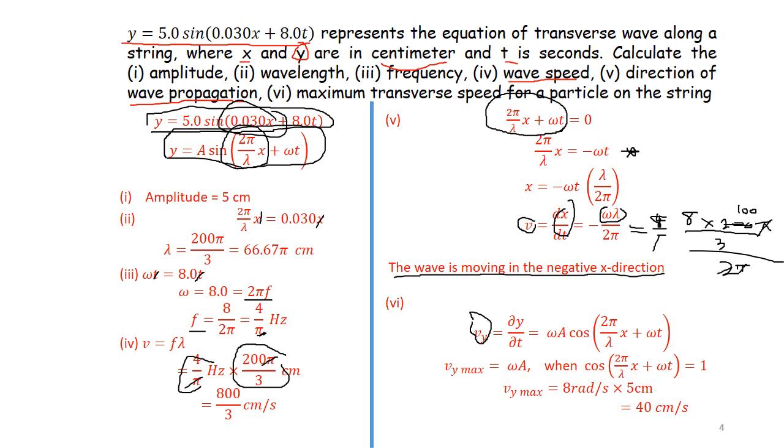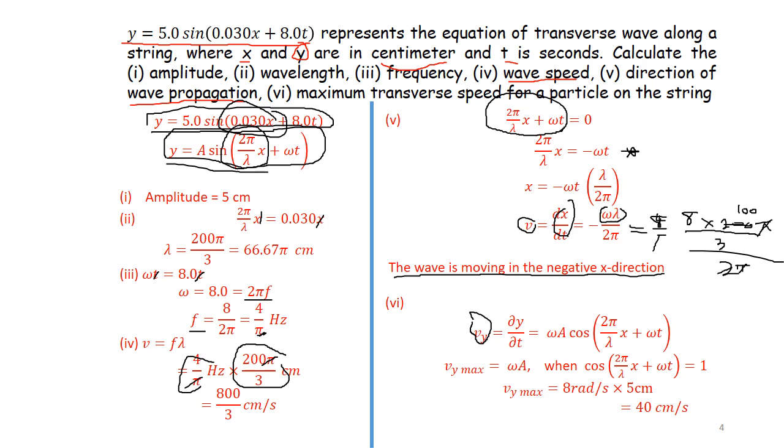Okay, you can do it this way or any way you want to do it. So if you differentiate this, y is equal to a sine open bracket 2 pi over lambda x plus omega t close the bracket, we have the expression a omega cos.